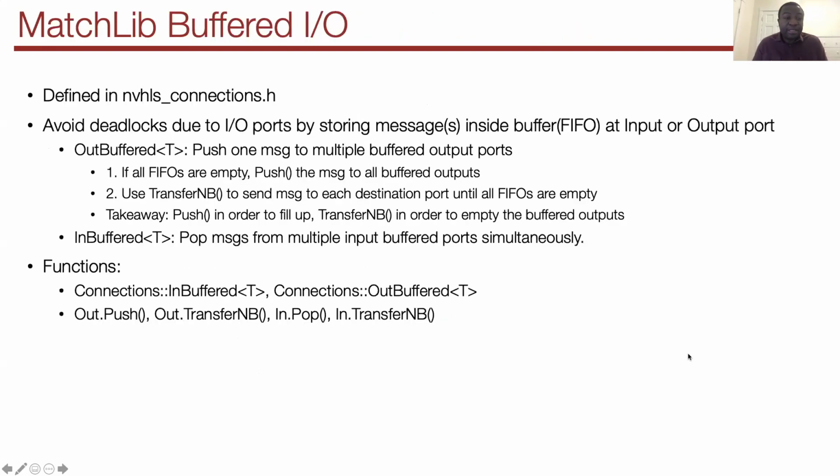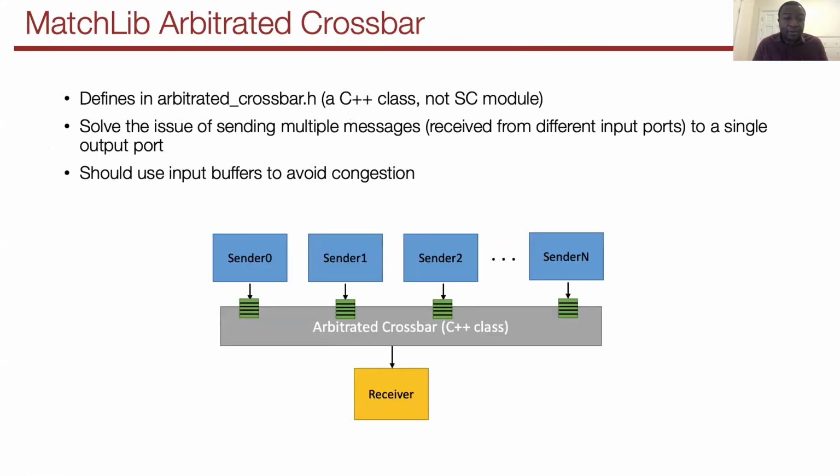Another type of latency insensitive channel is the buffered channel. Essentially, these channels are augmented with FIFOs. Notably, this can be very useful in avoiding deadlocks, especially when you have multiple senders or receivers. To show an example, you may have a scenario where you have multiple senders sending their message to a single receiver.